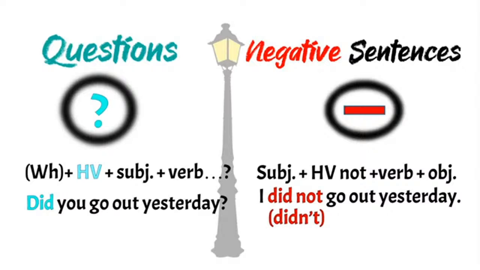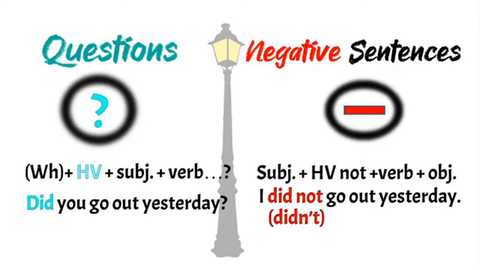A WH question word, if you have one, like where, how long, etc., plus the helping verb did, then the subject and then the verb. Like in our example, did you go out yesterday? That's a good example.